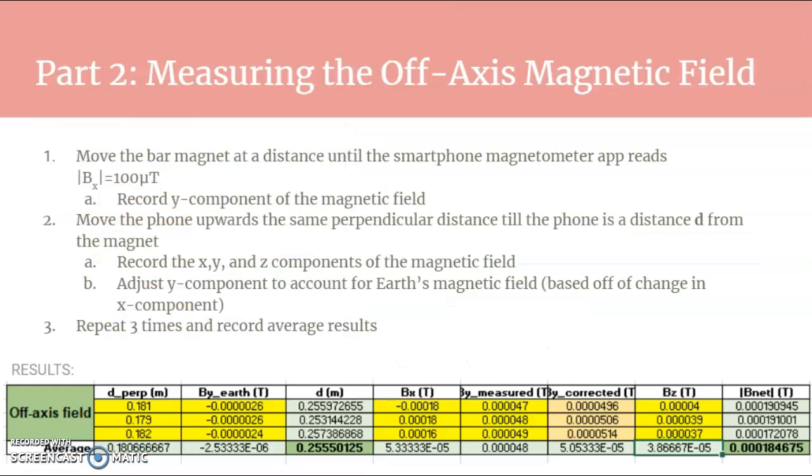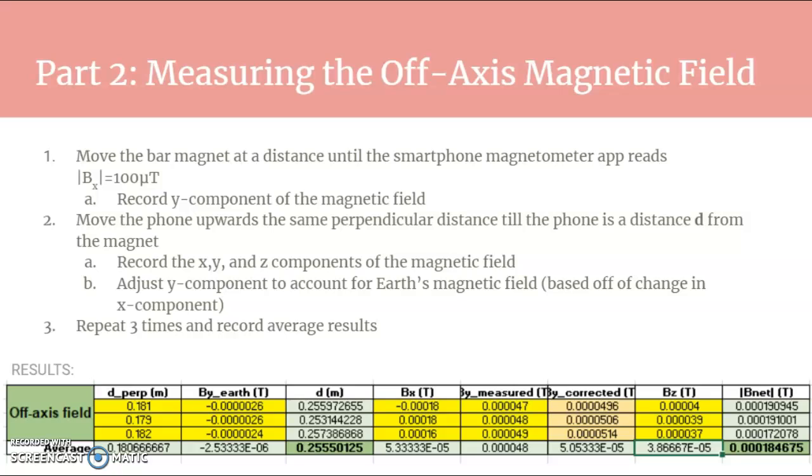Part 2 focused on measuring the off-axis magnetic field, so we utilized a similar protocol. We moved the bar magnet at a distance until the smartphone read a specific measure of microteslas. But then we moved the phone upwards the same perpendicular distance and recorded the new x, y, and z components of the net magnetic field.